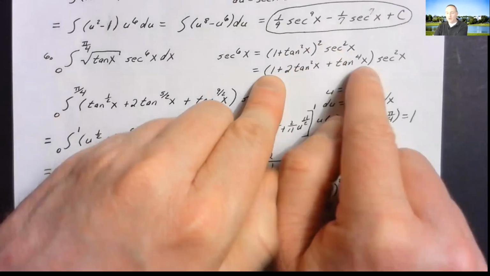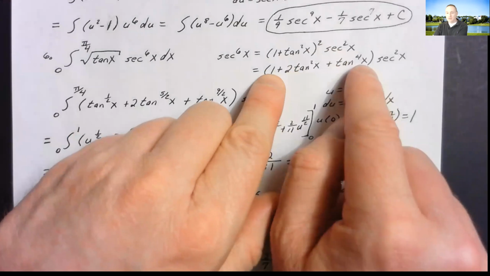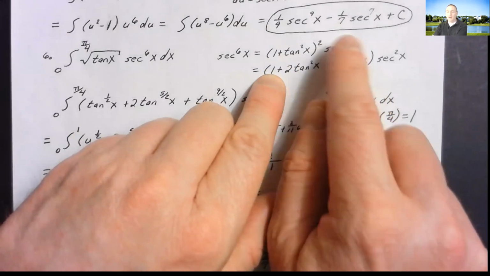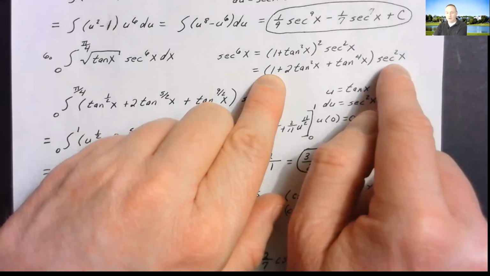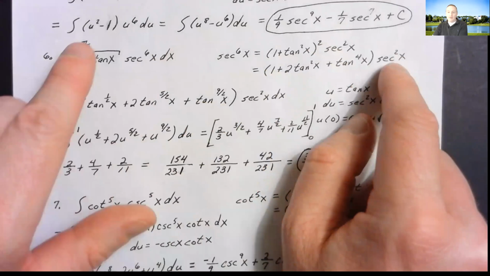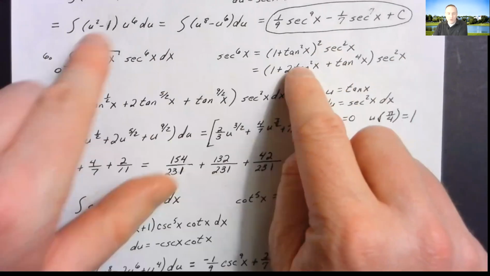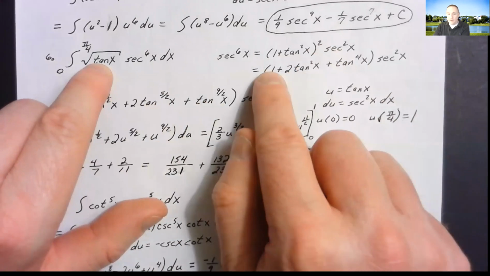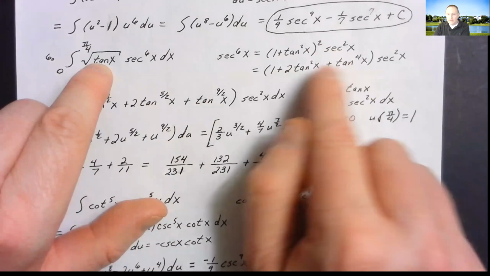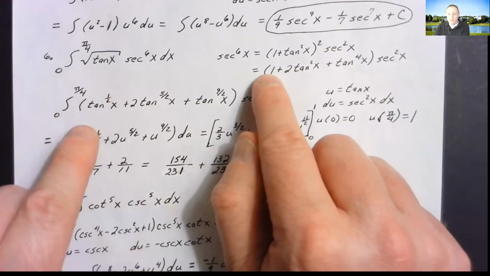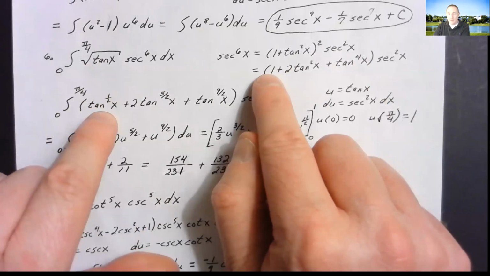I went ahead and squared out that group: 1 plus 2 tangent squared x plus tangent to the 4th x, times the remaining secant squared x that I had on the outside. Now I go back into my problem and I can say, well, we're going to have this square root of the tangent function, which is tangent to the 1/2 power, and it's going to be multiplied throughout this 3-term function here. When I multiply it into the first term, it gives me tangent to the 1/2 power.